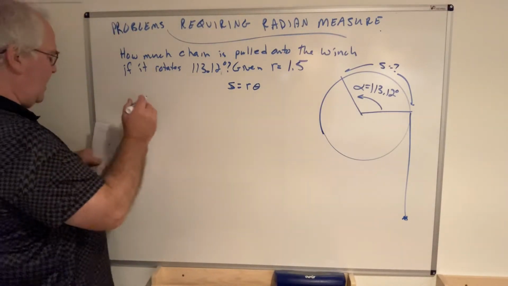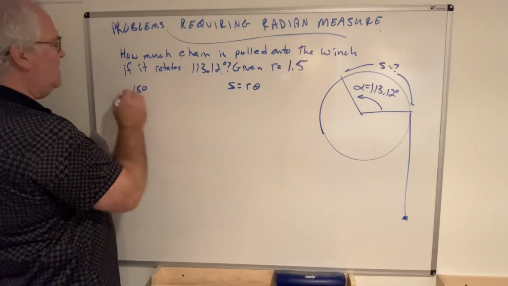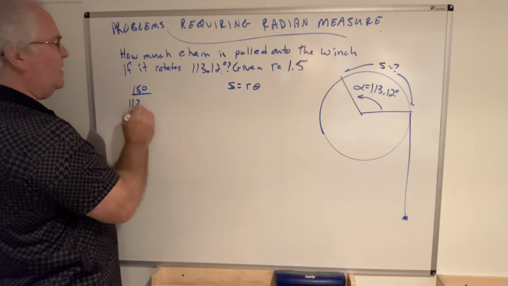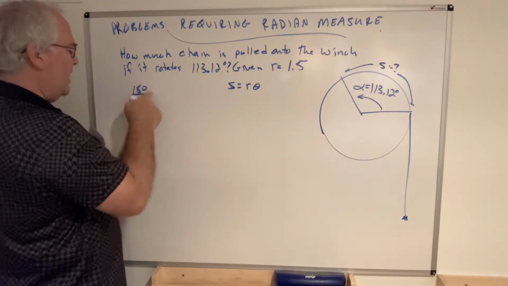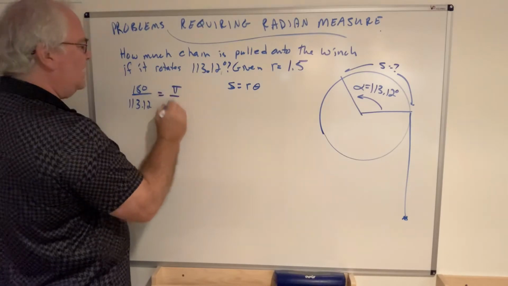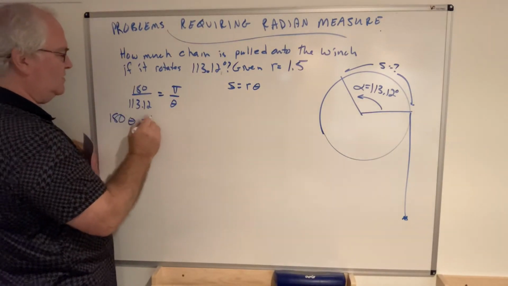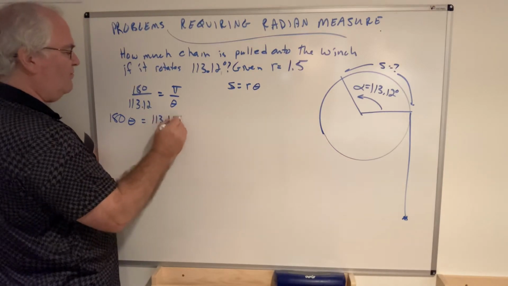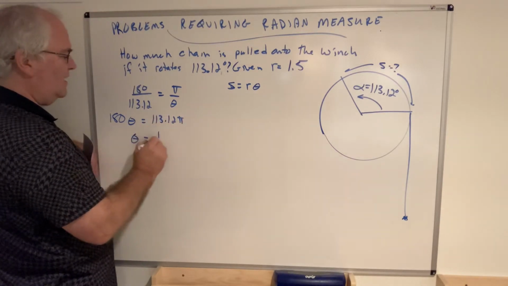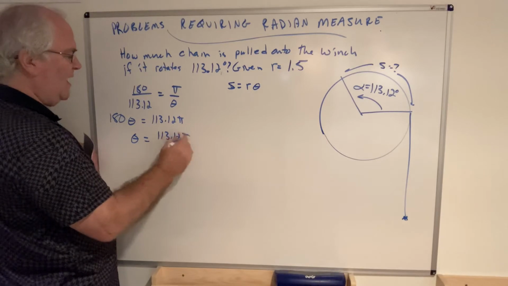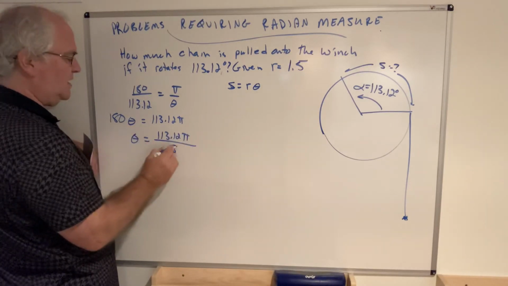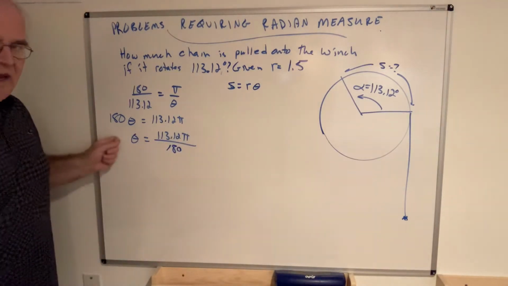And so I have 180 is to 113.12 as pi is to theta. So 180 theta is equal to 113.12 pi. Theta is 113.12 pi divided by 180. This is just basic garden variety algebra.